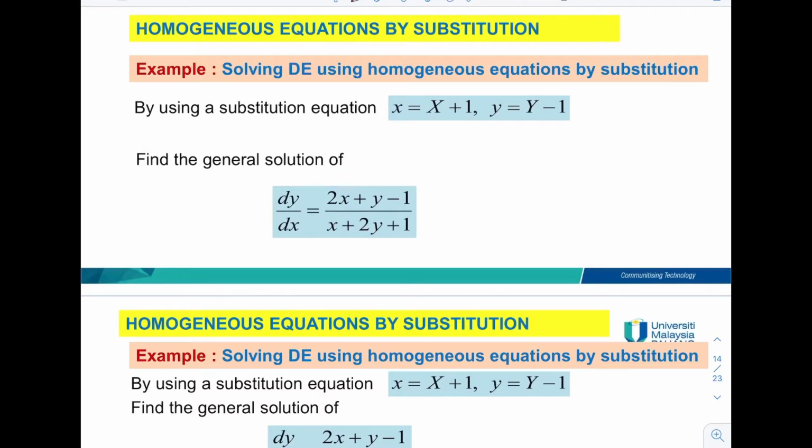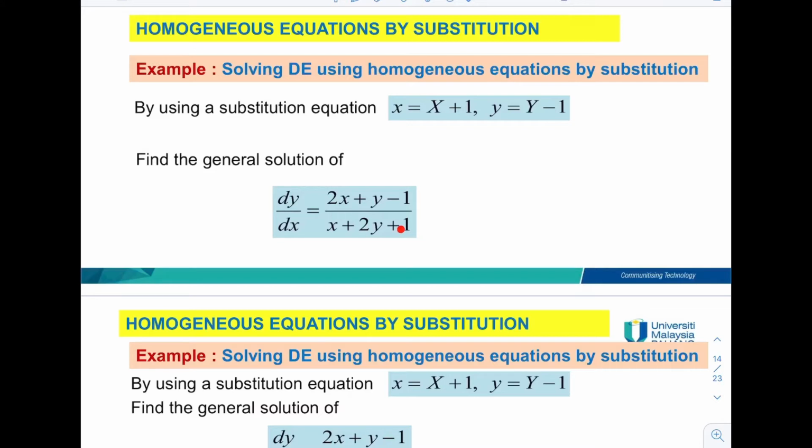By using the substitution x equals capital X plus 1, y equals capital Y minus 1, find the general solution of this one. If you notice, this one is non-homogeneous, right?